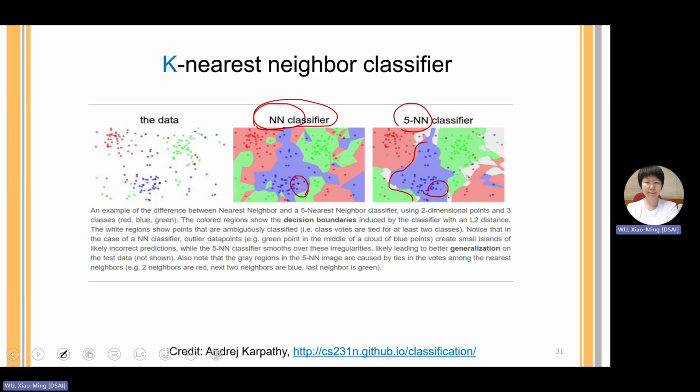If you make decisions based on multiple nearest neighbors, you can make more informative decisions, so your algorithm will be robust to outliers.